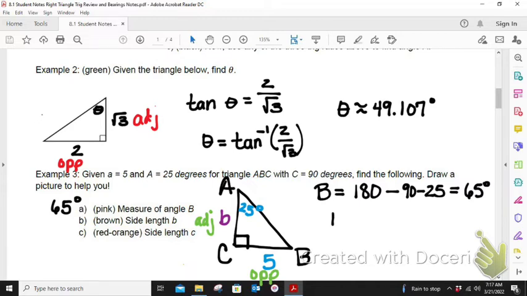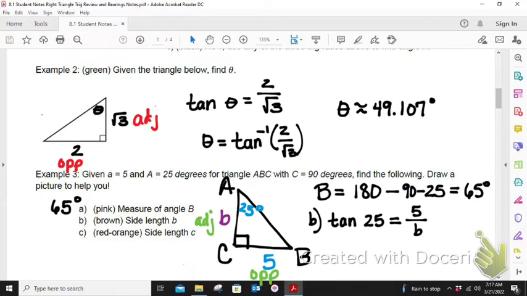Okay, so let's go ahead and set it up. So I have the tangent of 25 degrees. This is part B. The tangent of 25 degrees equals opposite, which is 5, over the adjacent, which is little b.